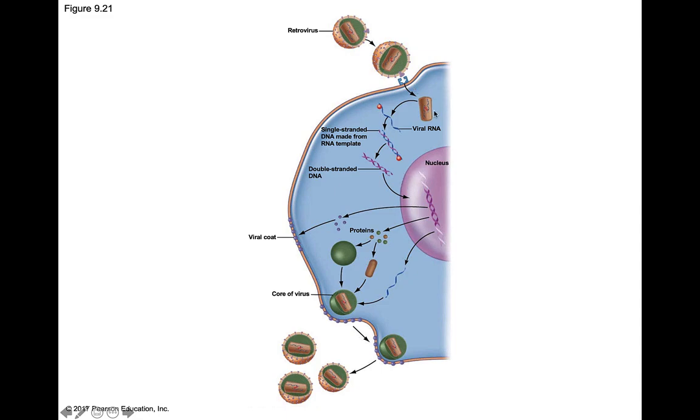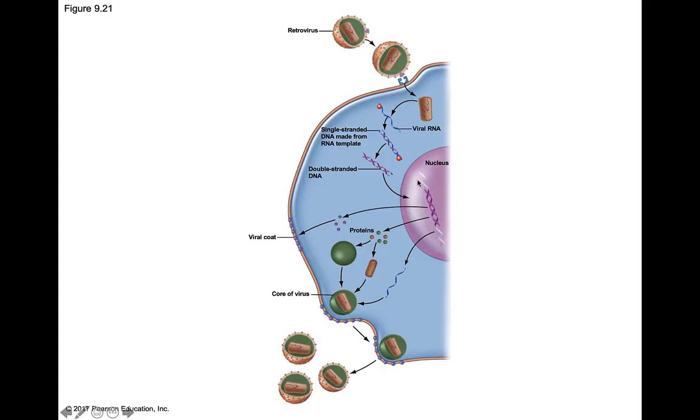So here we see the viral RNA making its way into the cell, and that viral RNA becomes incorporated into DNA that was made from the RNA. So now there's this new DNA that has the virus incorporated into it. It moves into the nucleus, okay?